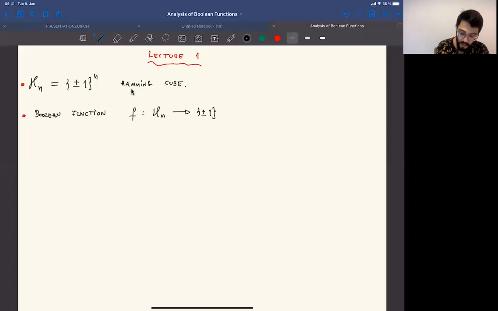And sometimes we identify the Hamming cube with the field with 2 elements, which is short for integers modulo 2.